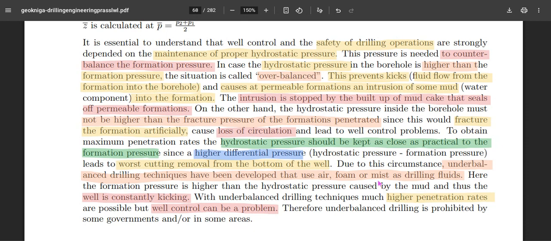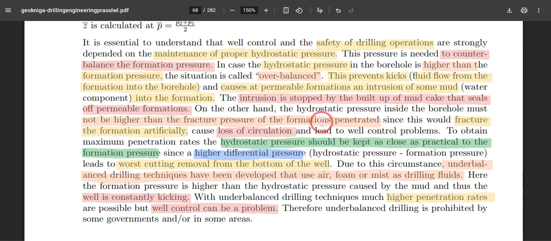But in case the pressure is too high, such that it can cause fracture in the formation, the hydrostatic pressure greater than the formation fracture pressure will lead to formation fracturing.